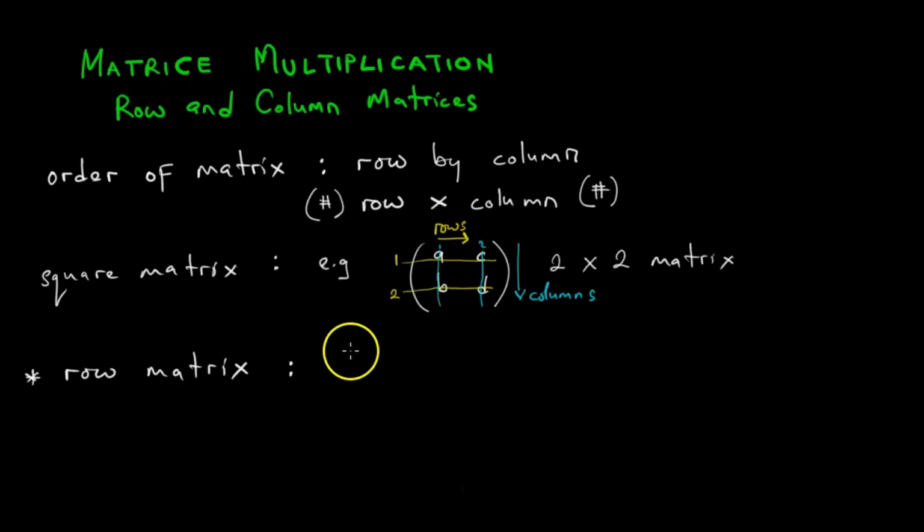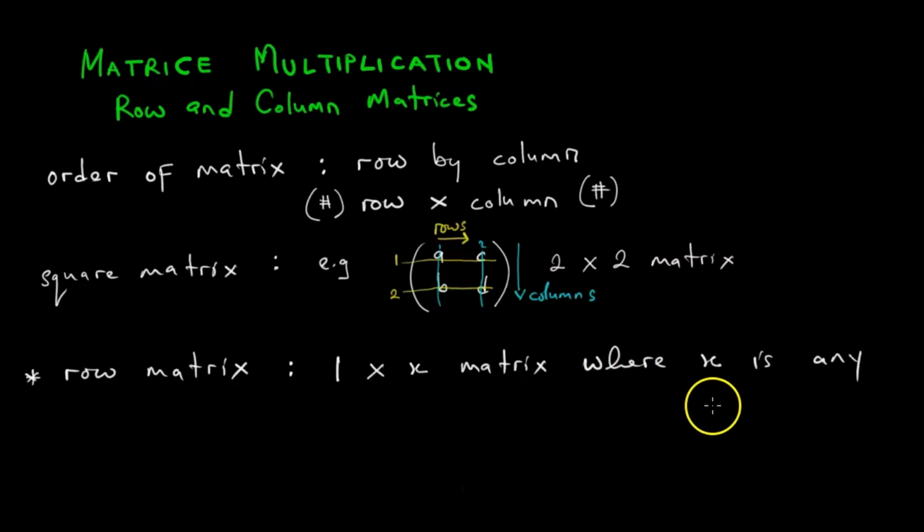So it's basically a 1 times X matrix, where X is any number of columns. This is a row matrix. X is any number of columns.